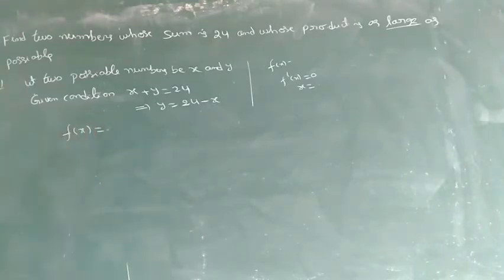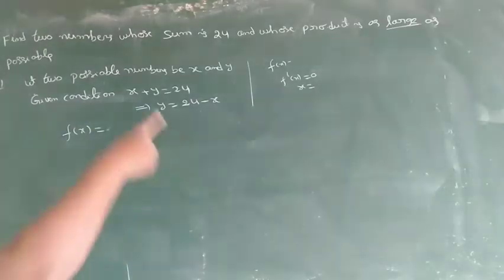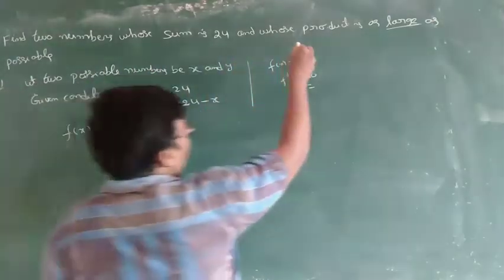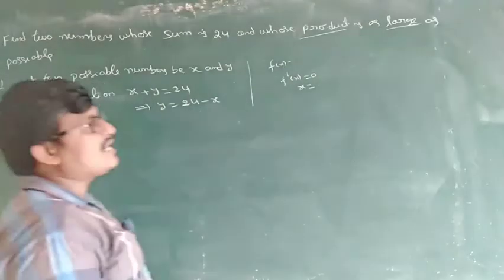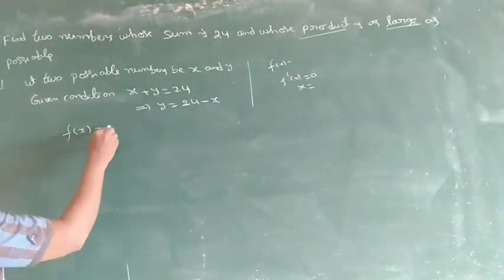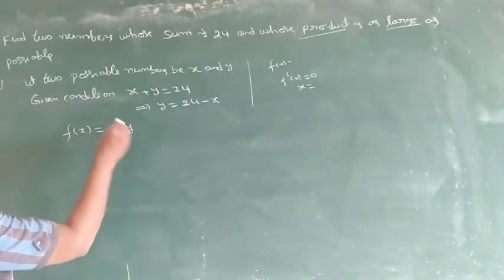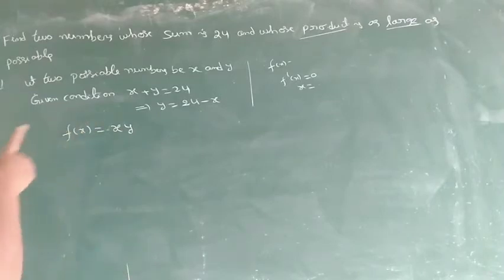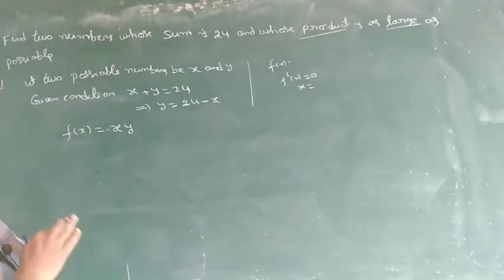f of x is equal to the product, whose product is as large as possible. Whose product means x into y, that numbers' product. So this is f of x, the total function in terms of x.